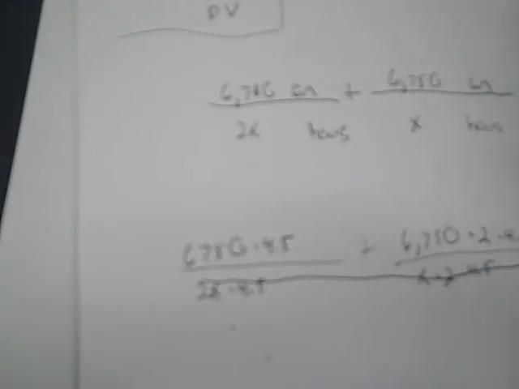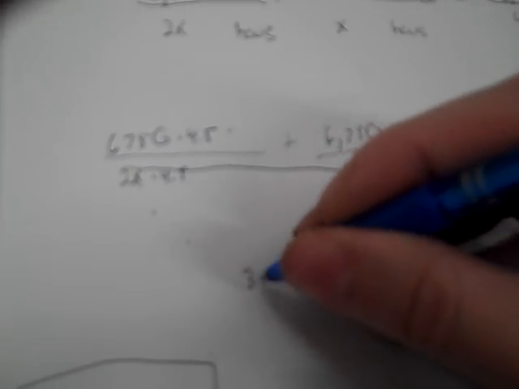Now, the three bottoms are canceled, and you don't need to go to your math papa here because there are no parentheses you need to multiply through. It's just straight multiplication. So in the first fraction, I take 6,750 times 4.5, 30,375.